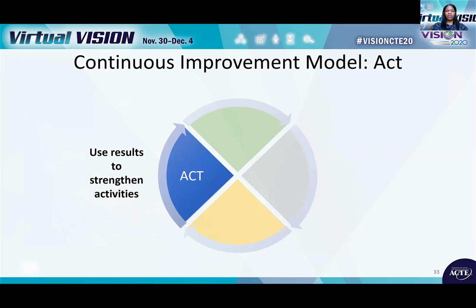So the final component of the Plan, Do, Study, Act continuous improvement model is ACT. And here is where we use their results to strengthen our activities. And as I shared as we were looking at study, this is where if things are working well, you strengthen them. If they are not giving you the expected result, you have the opportunity to pivot, to act.